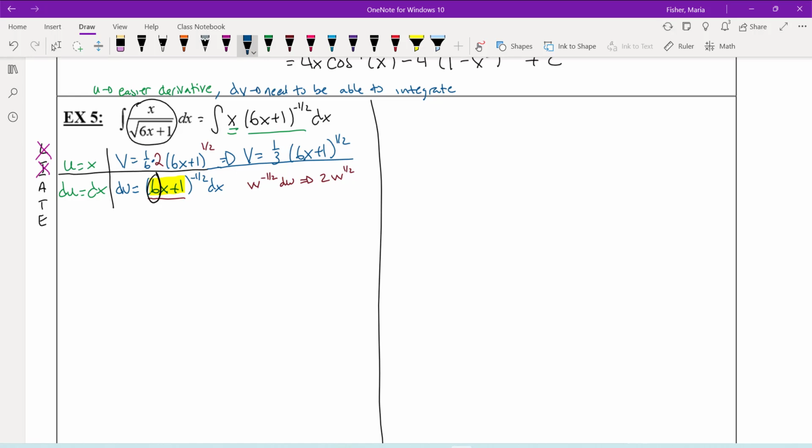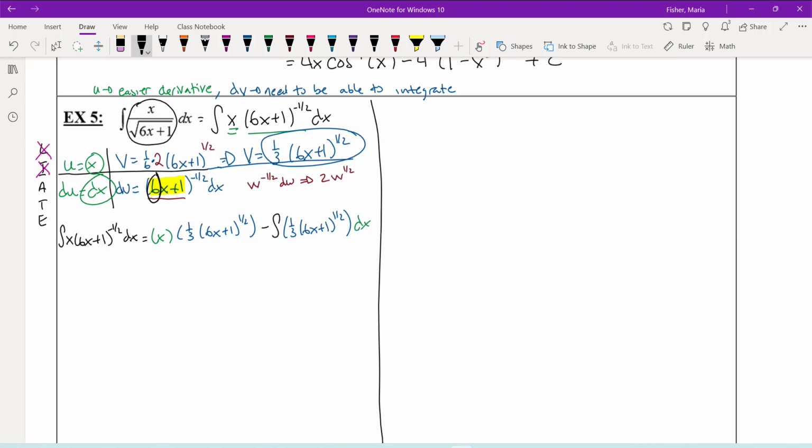All right, now we know that the indefinite integral of x times (6x plus 1) to the negative 1/2 dx is going to equal u times v, 1/3 (6x plus 1) to the 1/2, minus the integral of v, still that 1/3 (6x plus 1) to the 1/2, and then du, which is dx.